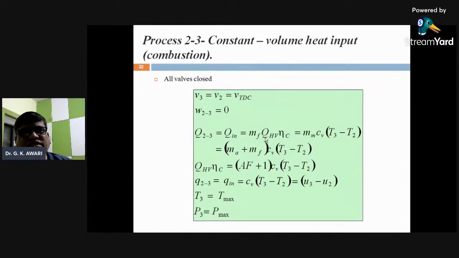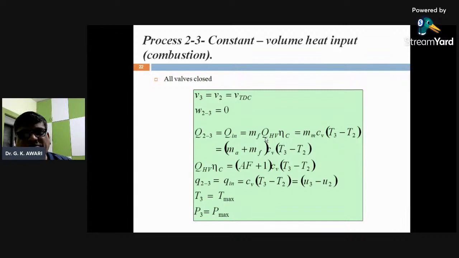Process 2 to 3 is constant volume heat input combustion. All valves are closed, that is V3 is equal to V2 is equal to VTDC, and W23 is equal to 0. So Q23 is equal to Q in, which is mF times QHV times eta C, is equal to (mA plus mF) CV times (T3 minus T2).